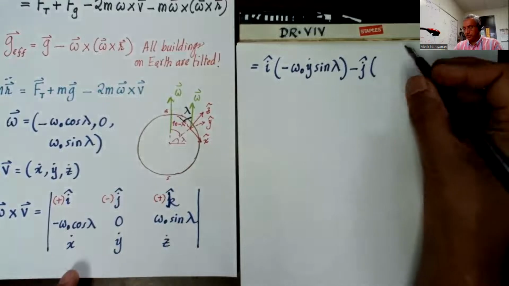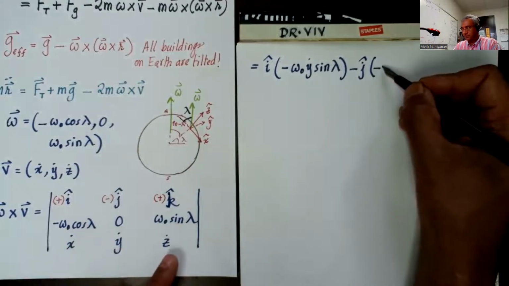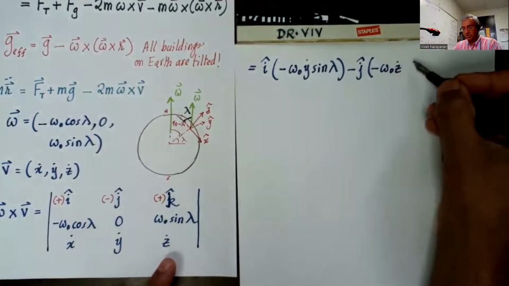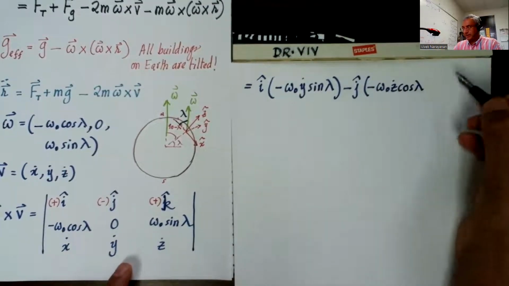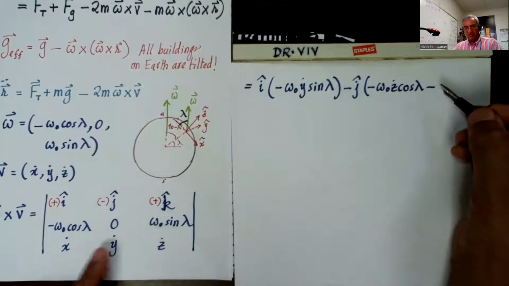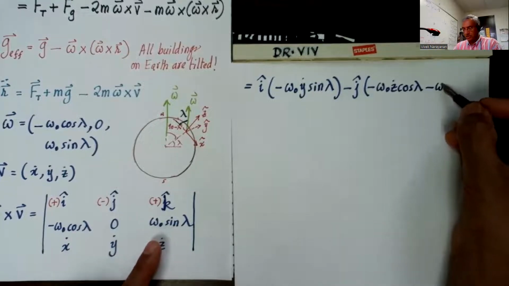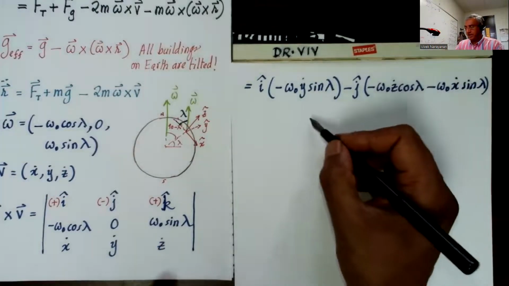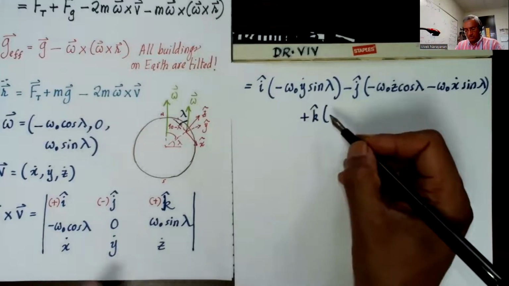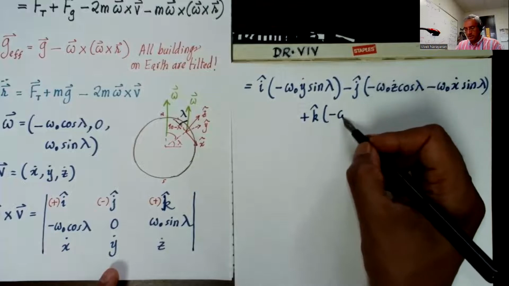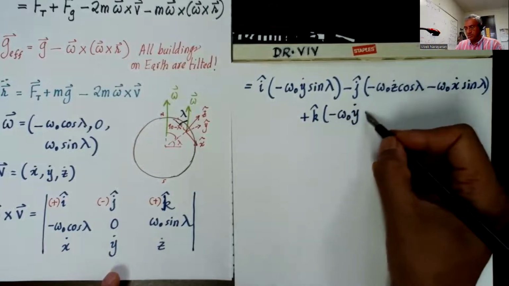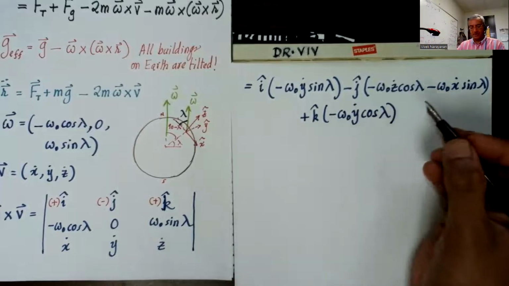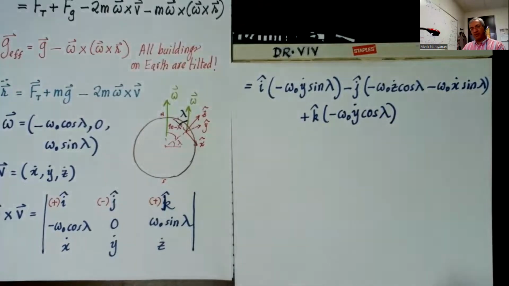I have two terms for j hat. I have negative omega naught z dot cosine lambda minus, because of the off diagonal, omega naught x dot sine lambda. And lastly, k hat, that term, negative omega naught y dot cosine lambda. So looking fairly complicated, we may have to make a bunch of assumptions to get ahead in life.